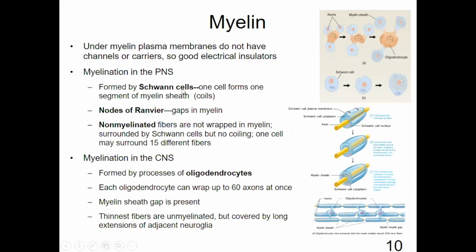Both Schwann cells and oligodendrocytes are glial cells. Here you can see figures of an axon in yellow, and in blue you see the wrapping of myelin around the axon.